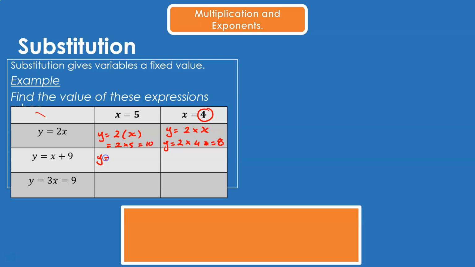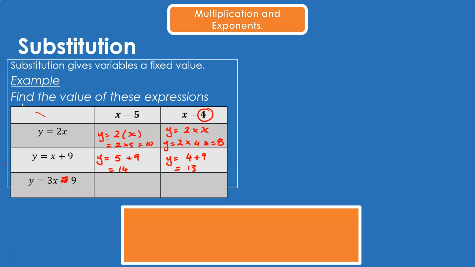We can just go y is equal to x, which is 5, plus 9, which gives us 14. And with this one, it's y is equal to 4 plus 9, which is equal to 13. Oh, that shouldn't be plus 9. It should be minus 9.